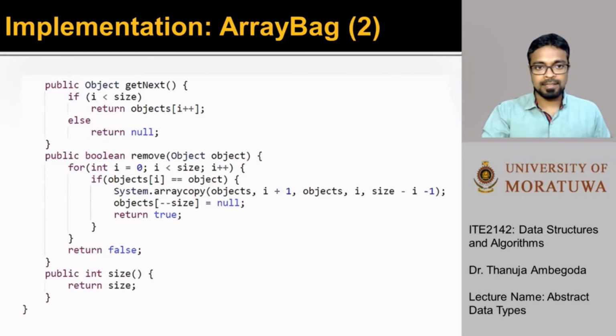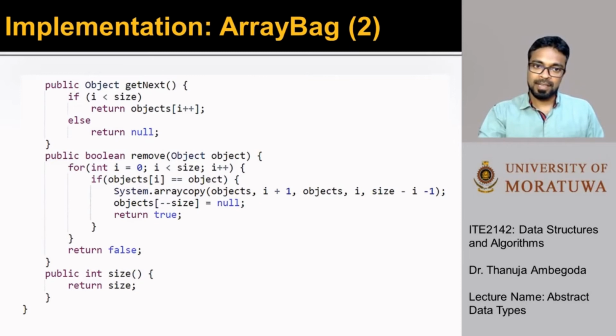In the next slide, we have the continuation of this class definition. We have a public object get next. Get next means that whatever i value you have, which stores the currently accessed index of the array, it increments i, so you can return the next object.